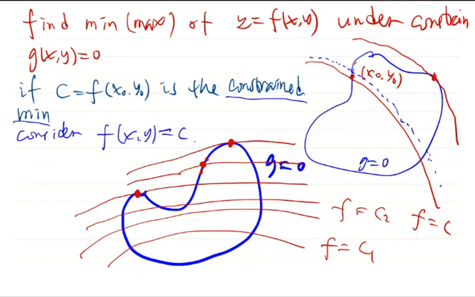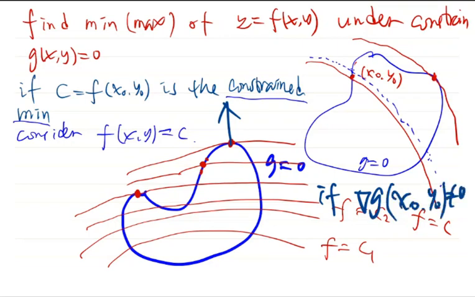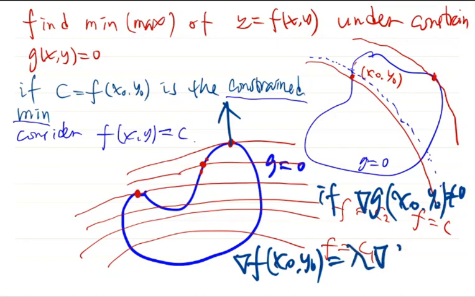When it is tangent, they have a common normal vector, the normal vectors are collinear. So if the gradient of g at (x0,y0) is not 0, we must have the gradient of f at (x0,y0) be linearly dependent on the gradient of g, that is, a multiple lambda. They have the same direction, which means the two curves have the same tangent line.